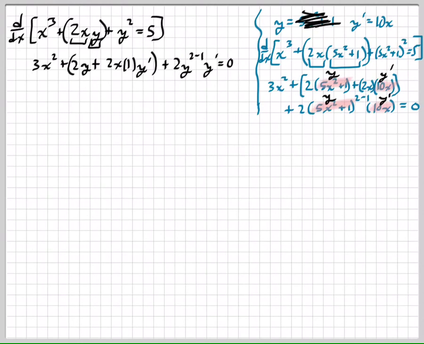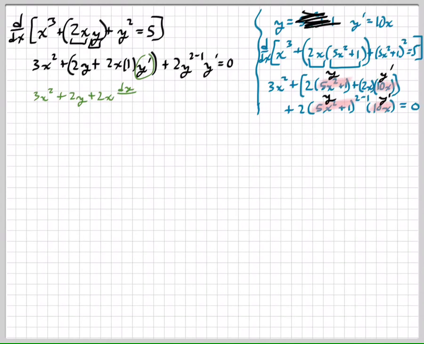Now you also have to get used to writing this a different way though, because y prime is not commonly used in implicit differentiation. Instead of y prime, we would use, let's write it out. Let's go 3x squared plus 2y plus 2x. Instead of y prime, we're going to write dy over dx.